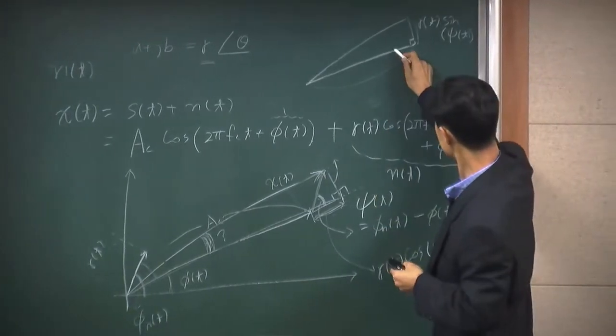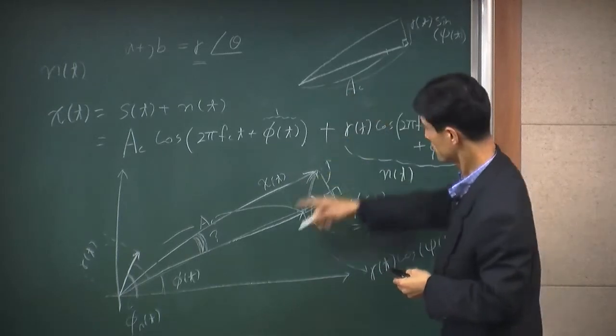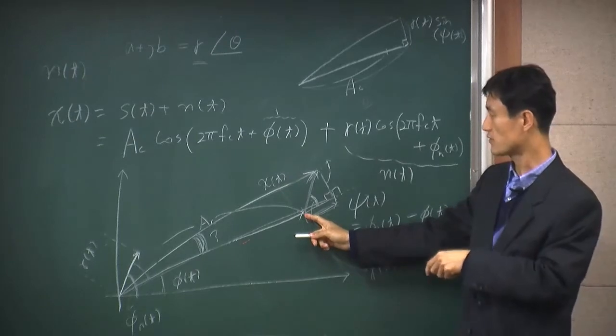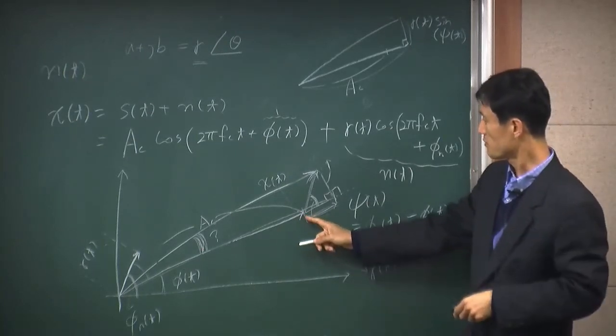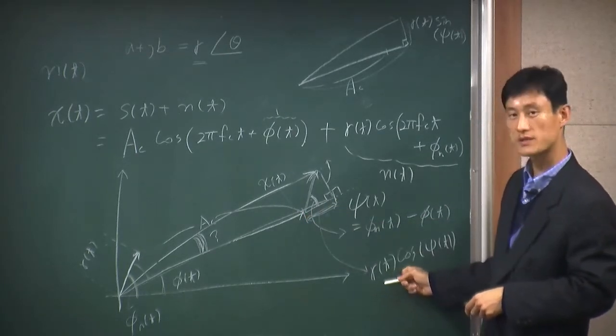This is AC, from here to here. That's the size of your original ST. So this is AC, plus we need to add this one, RT cosine.